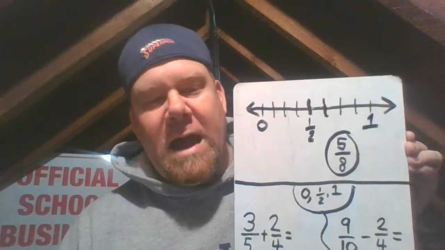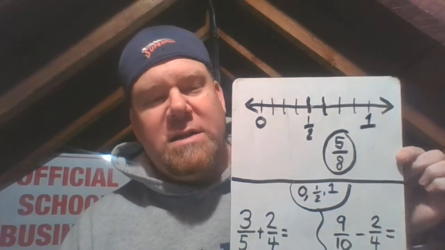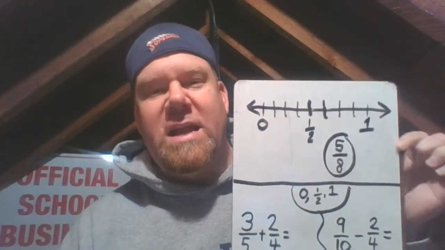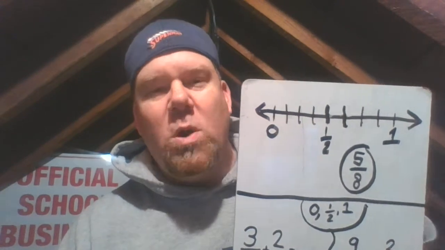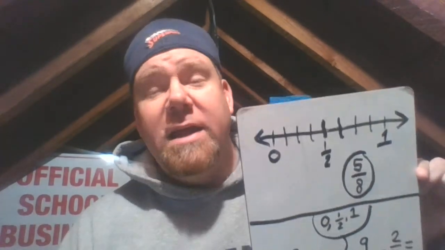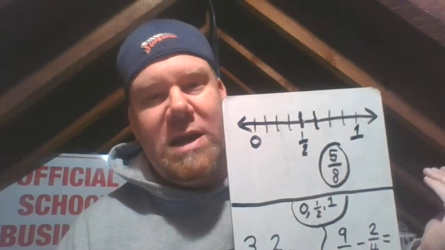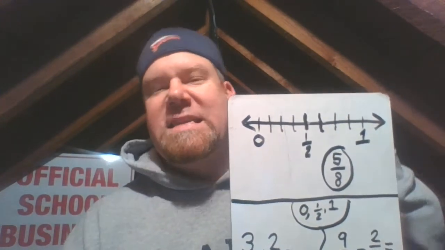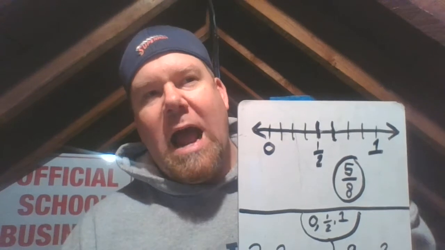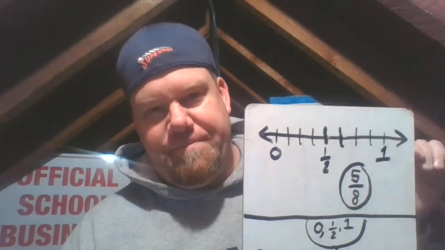Now, in the problems that you're working on today, you're going to get a fraction, and it's going to ask you what two quantities this fraction is in between, and then which one is it closer to? That way, it's getting you to think about how you can estimate this fraction.